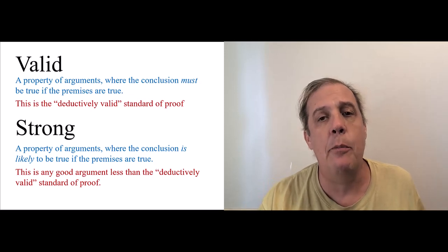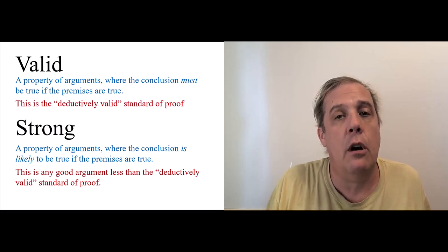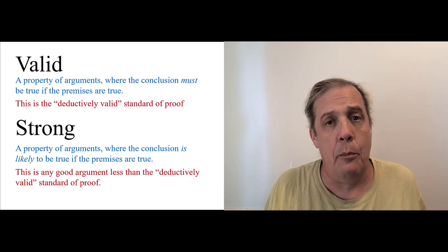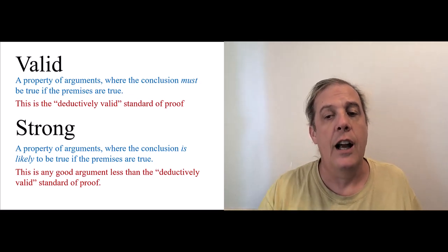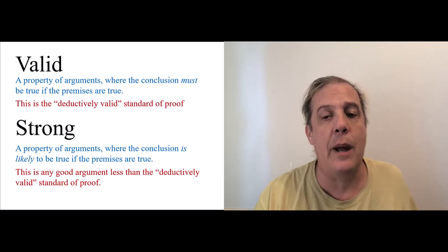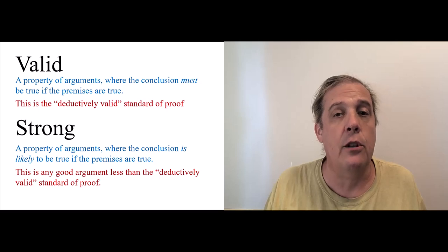You might be able to come up with some possible doubts, but they aren't reasonable. We will return to the question of how good an argument needs to be as far as its inference goes before it is called strong after we finish talking about the basic idea of strength, run through a few examples, and look at the homework.